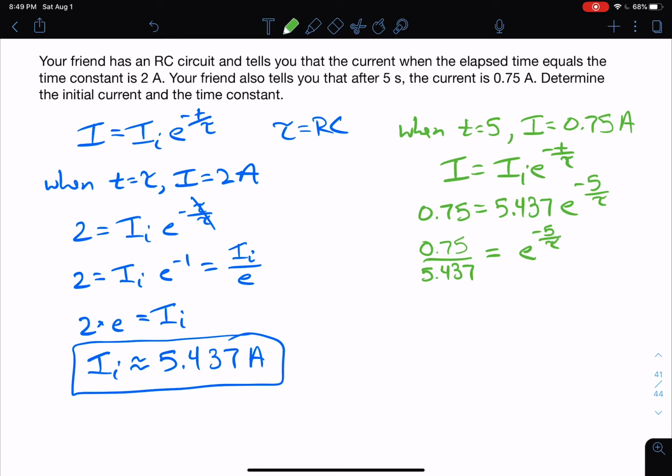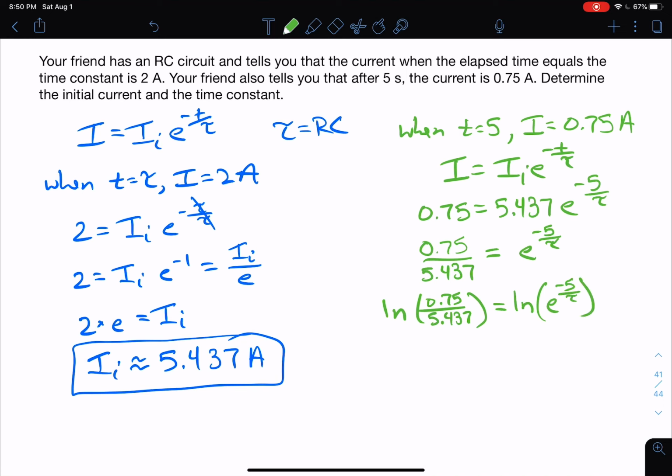And now what I have to do is take the natural log of both sides. So at this point, I need to take the natural log of 0.75 over 5.437, and I need to take the natural log of e to the negative 5 over tau.